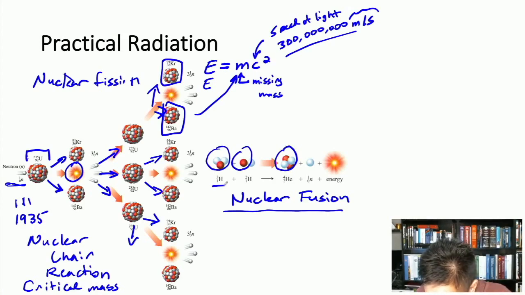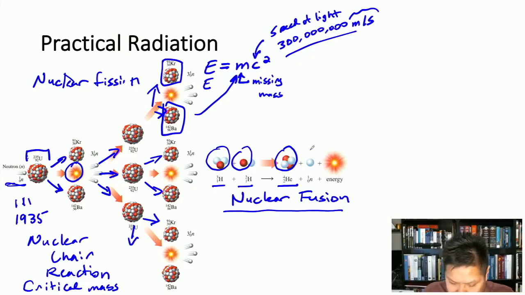So here we have two hydrogen isotopes that will combine with each other to make a helium isotope and produce energy and a neutron. One neutron and some energy. So this is called nuclear fusion because instead of splitting, you're combining two smaller nuclei to make a larger nuclei.